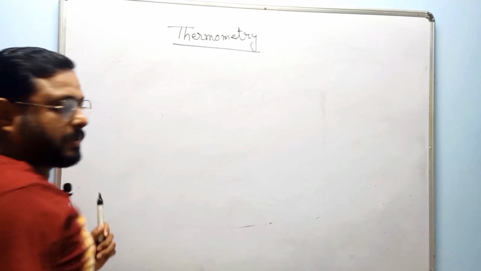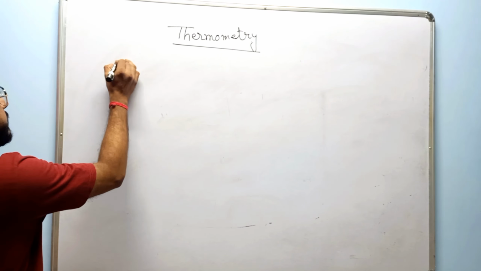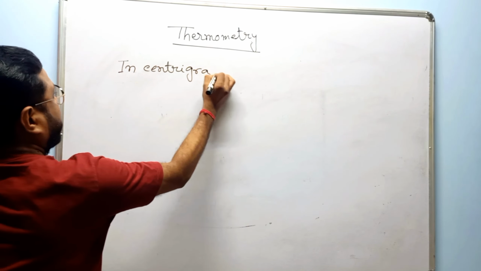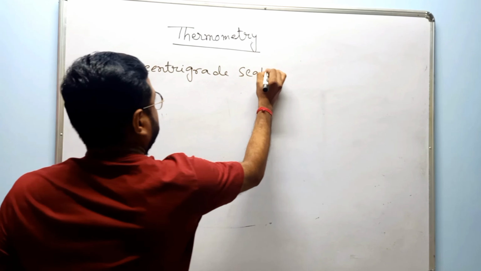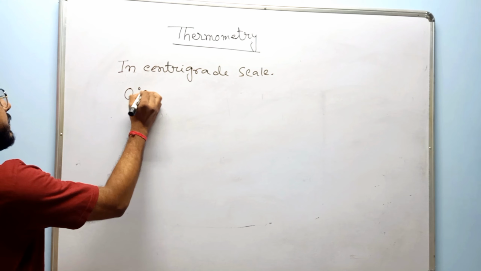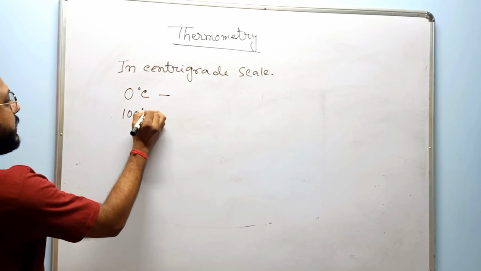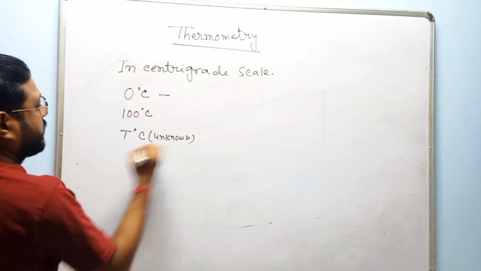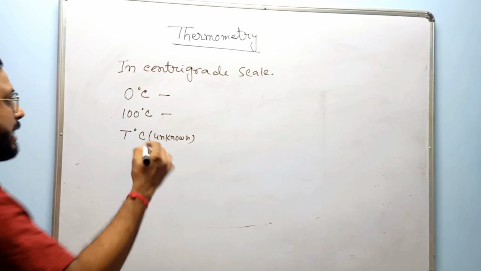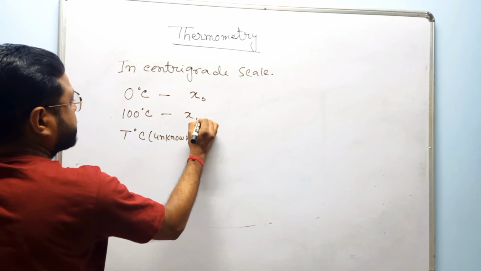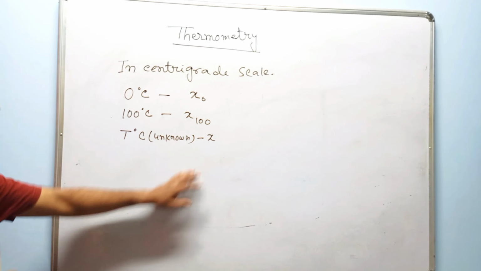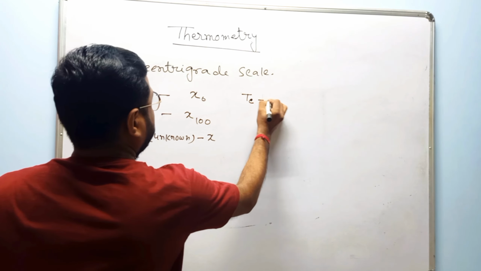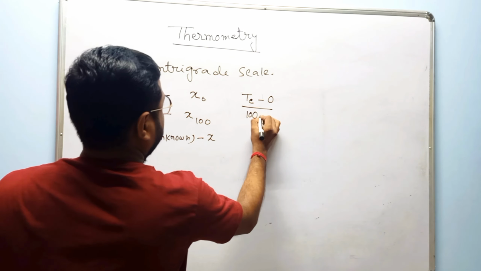So in the centigrade scale, if 0 degree centigrade, 100 degree centigrade, and T degree centigrade, which is unknown, correspond to the thermometric property x0, x100 and x_t, then it is written as (Tc minus 0) divided by (100 minus 0).